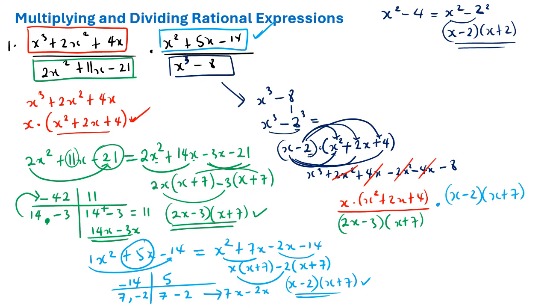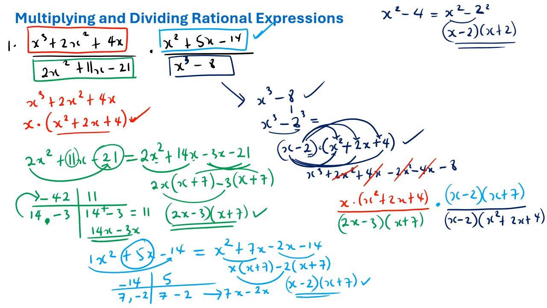And then finally we did the dark blue, which is the difference of cubes, which factors into that result. And then it was, let's be very careful here. We got x minus 2 times x squared plus 2x plus 4. And this is all we have so far, so good.